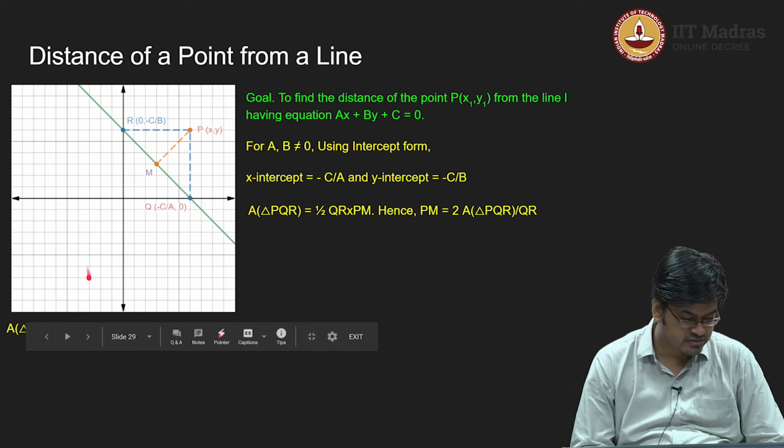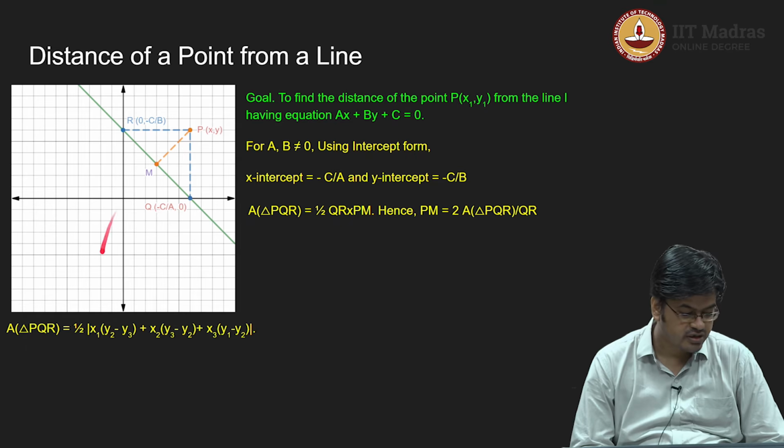You look at this term x1 into y2 minus y3. So, x1 is the first coordinate, it will remain x1 because P has coordinate x1 y1, y2 is minus c by b, y3 is 0.